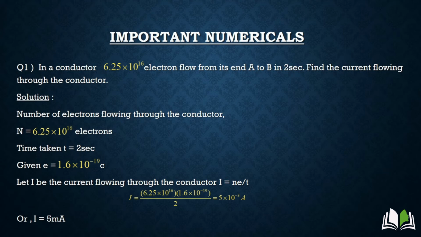From the formula of current we know I is equal to Q by t. Here Q is equal to the number of electrons into their charge. So 6.25 into 10 to the power 16 electrons into their charge 1.6 into 10 to the power minus 19 Coulomb divided by the time, that is 2 seconds. We can easily find the current, which is 5 milliampere. The answer is 5 milliampere.